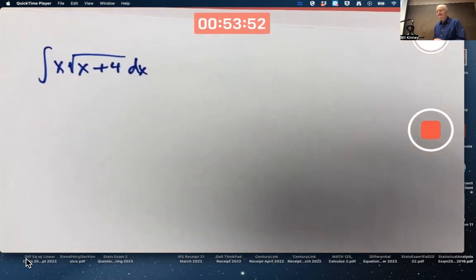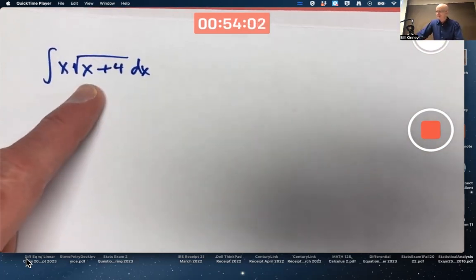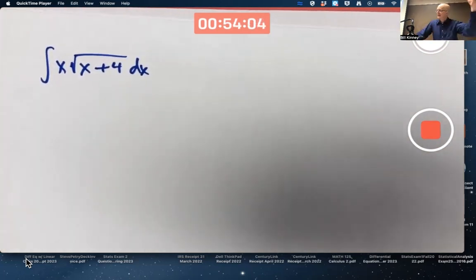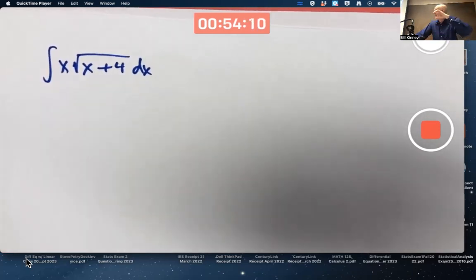Now, if I looked at this and thought to myself, okay, I'm going to try guessing, probably my initial guess would involve, since square rooting is raising to the 1/2 power, maybe something to the 3/2 power. Maybe x plus 4 all to the 3/2 power might be my initial guess.